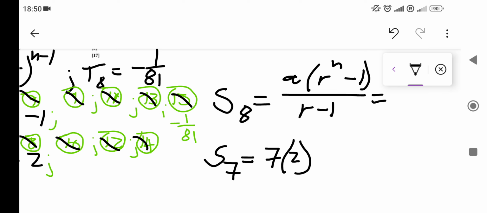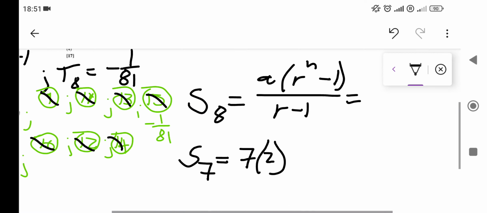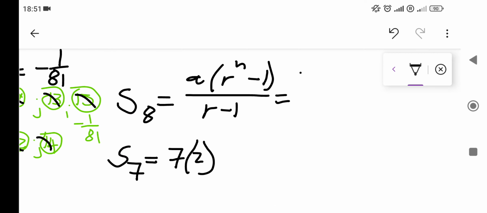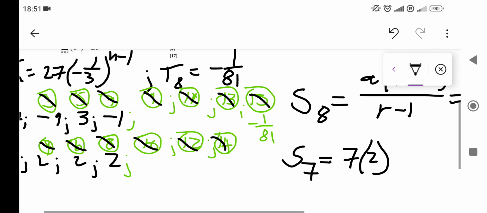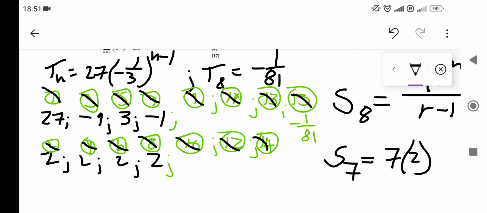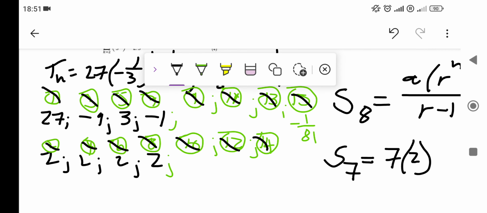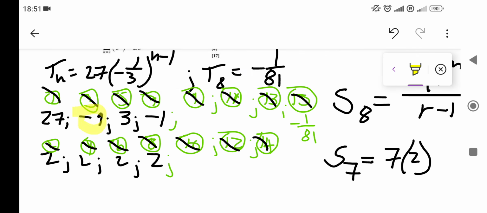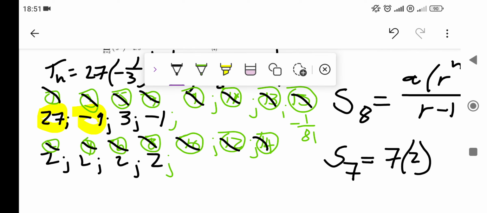So a is our first term, which was our 27. So let's put our 27 in over there. R, we know, was second term divided by first term. Just a reminder, that was our minus 9 divided by our 27, and that gave us negative 1 over 3.